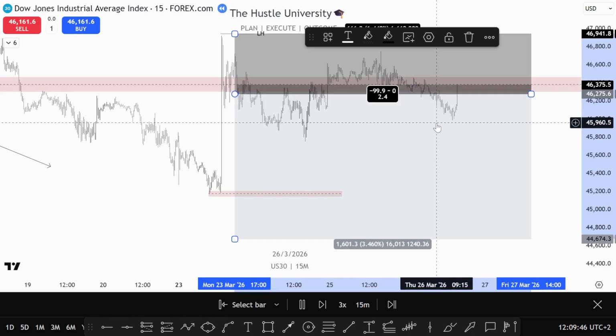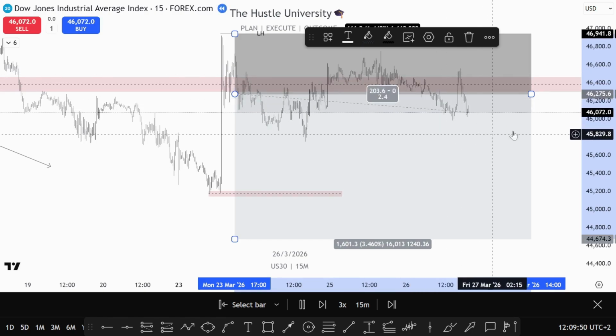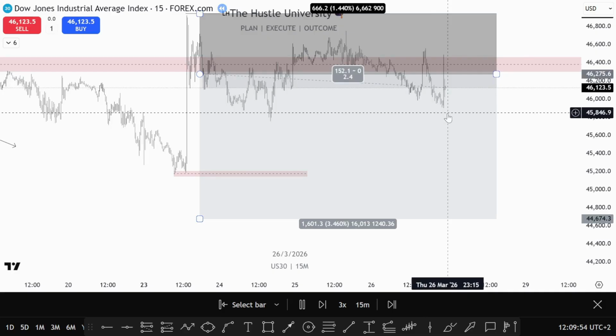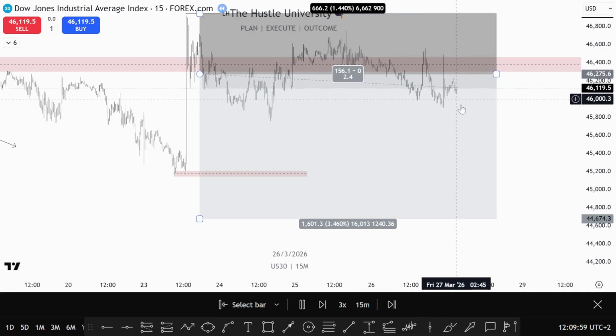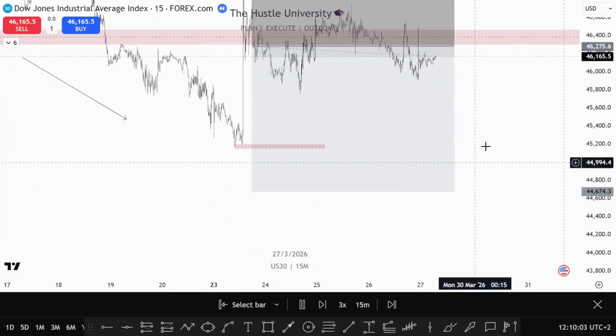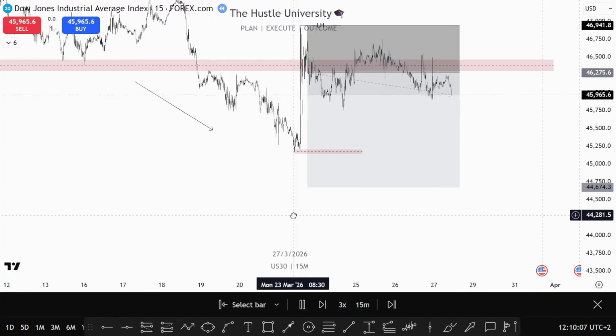As you go to Friday, and then there we go. Friday price then starts to drop very hard. So it's all about having that patience.